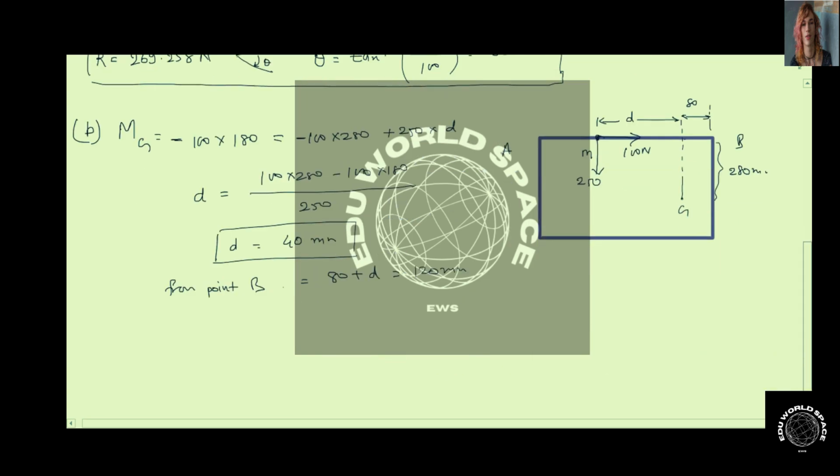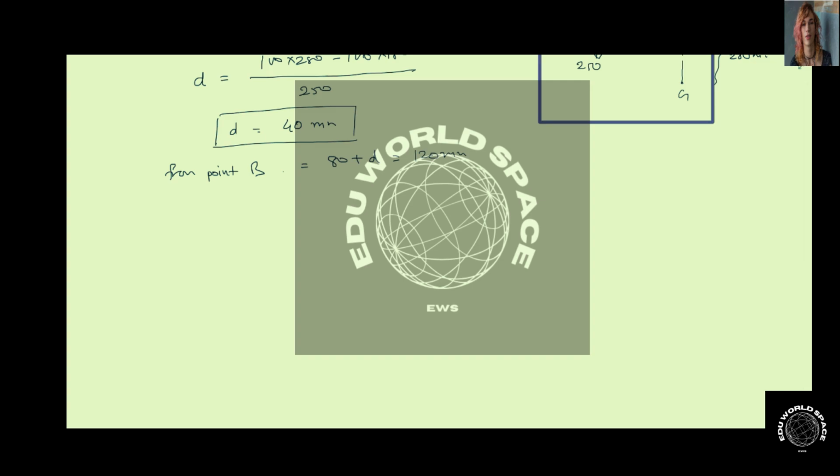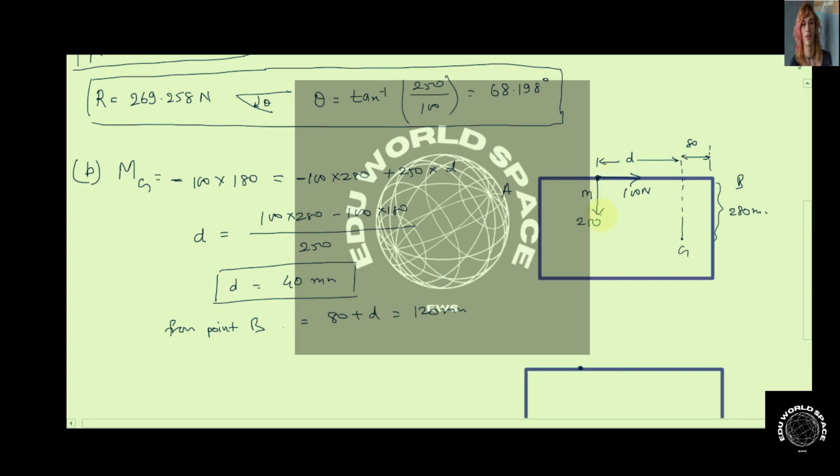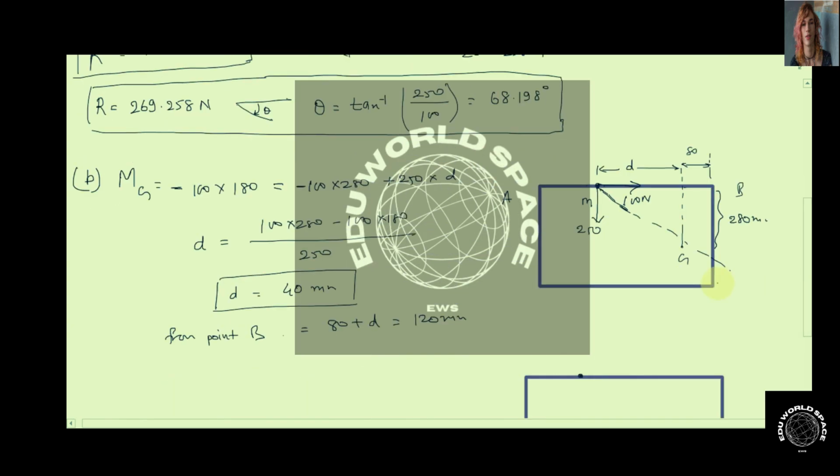Now for the second point of intersection, we can again redraw this sketch. Let us say that this was our resultant force. The resultant force will be in the fourth quadrant, so this can intersect the side BC.